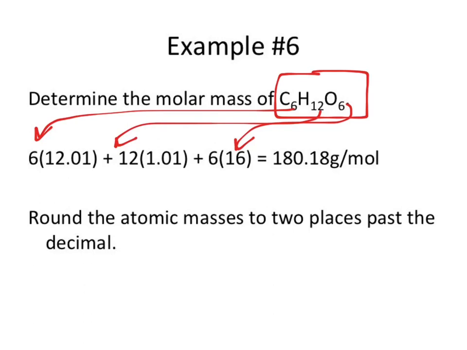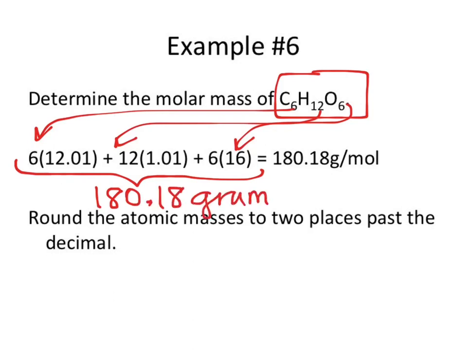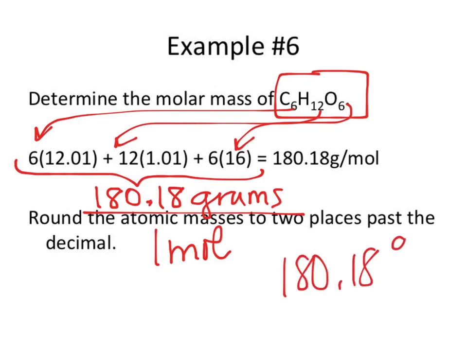And when we get all those products and add them together, we get 180.18 grams, and that is over 1 mole. But to say that, I just always go 180.18 gram per mole. So molar mass units are grams per mole.